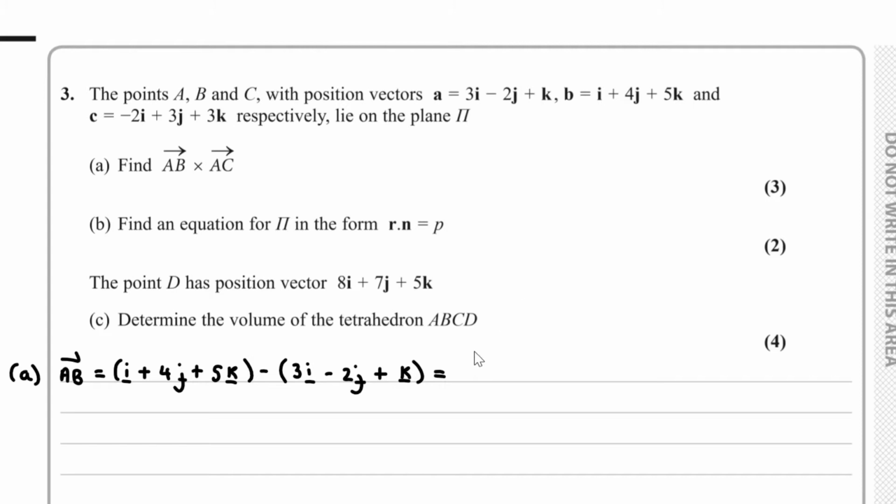So if we work this out, it turns out we get minus 2i plus 6j plus 4k.